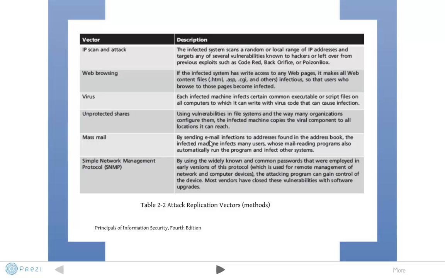Mass mail, by sending email infections to addresses found in the address book. The infected machine infects many users whose mail reading programs also automatically run the program and infect other systems. Outlook is a program that basically was notorious for this. You would get strange emails from people you knew, which is how it went under any filtration systems.